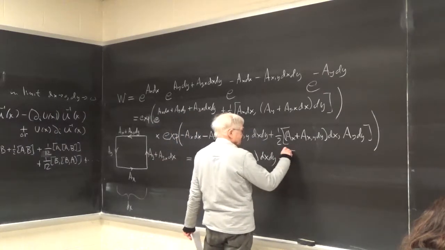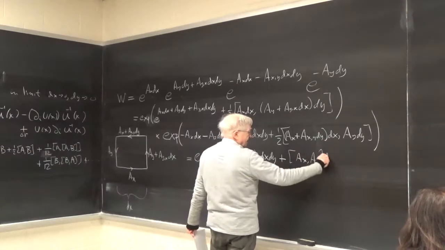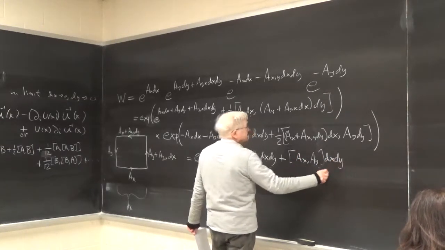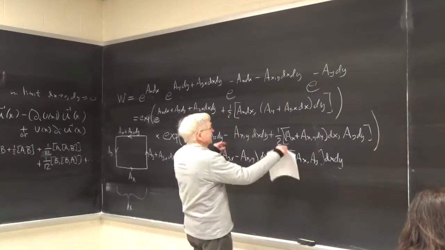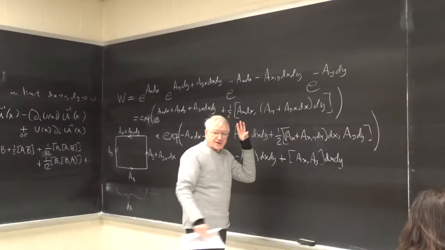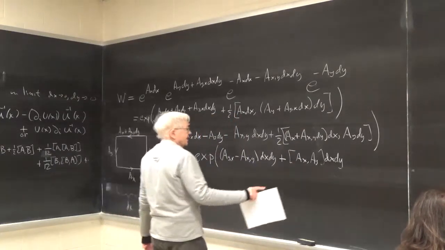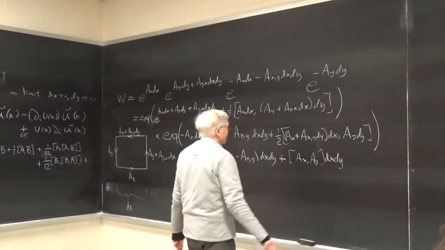So this is plus simply the commutator of a_x with a_y dx dy. This extra term here, we can just ignore because it's a third order in the smallness. And the same thing with this extra term.